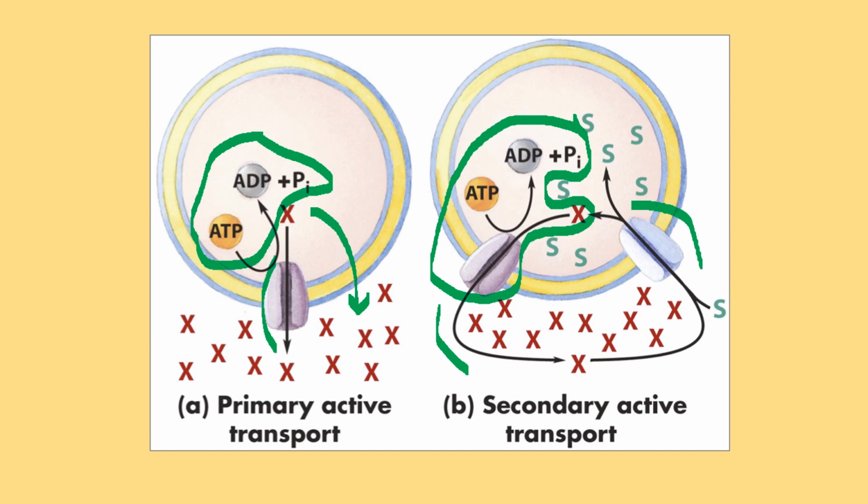Rather, it relies on the energy in the existing concentration gradient for substance X in order to move S. So the purpose of this transmembrane protein here is to bring substance S into the cell. The way it does that is by acting as a co-transporter, and it relies on this existing concentration gradient for substance X in order to move X and S into the cell.